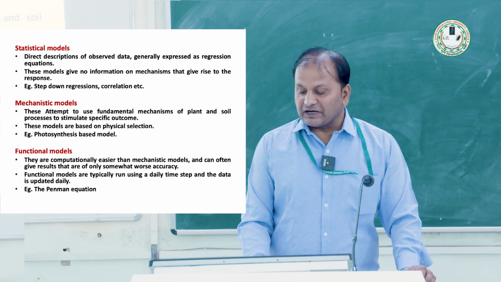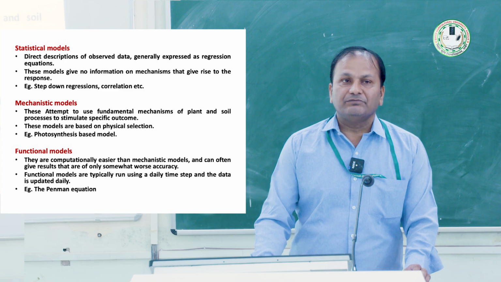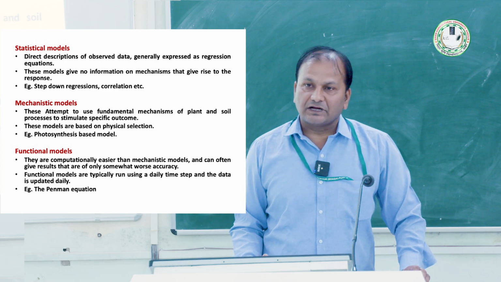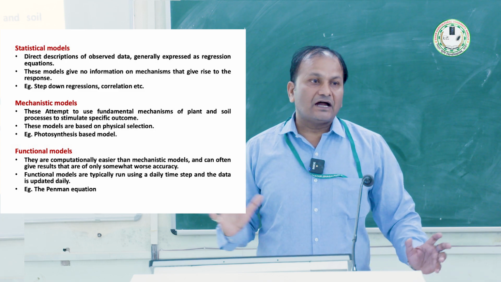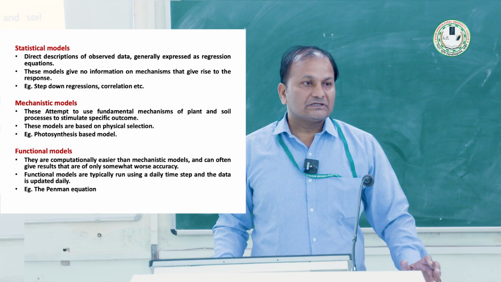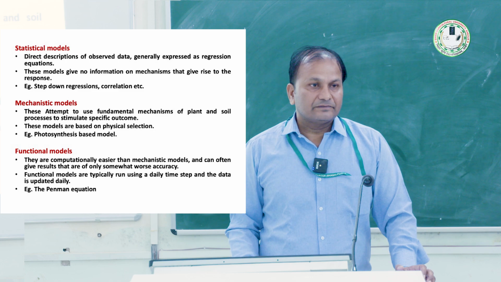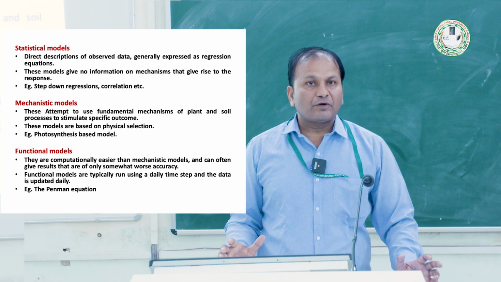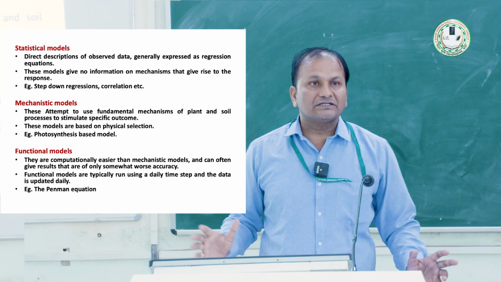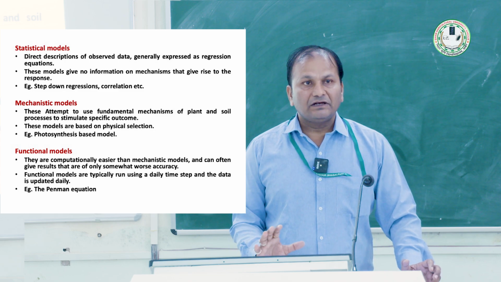Functional models are typically run using a daily time step, meaning they are run daily. So that is very large work, because it is not possible to run every model daily if the number of observations is large.